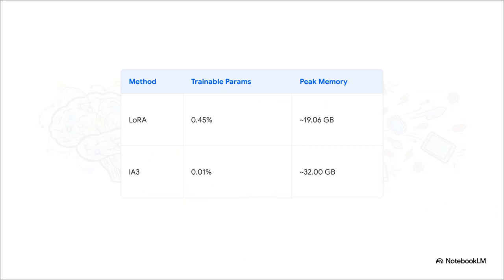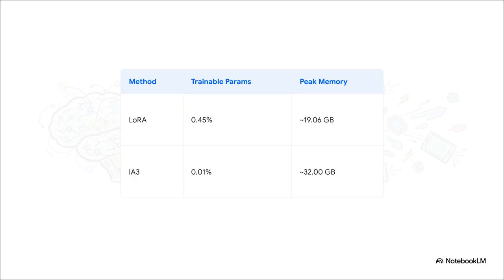So for a long time, the industry standard has been parameter efficient fine-tuning, or PEFT. And the whole idea here was to just freeze the massive foundational model and only tweak a tiny fraction of the weights to save space. But look at this stark contrast in the hard data. With LoRA, which is a super popular method, you update 0.45% of parameters and you need about 19 gigabytes of peak memory.